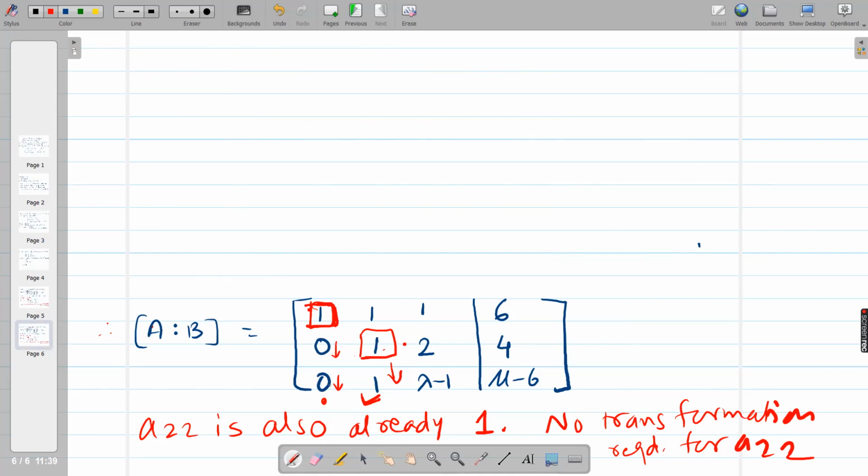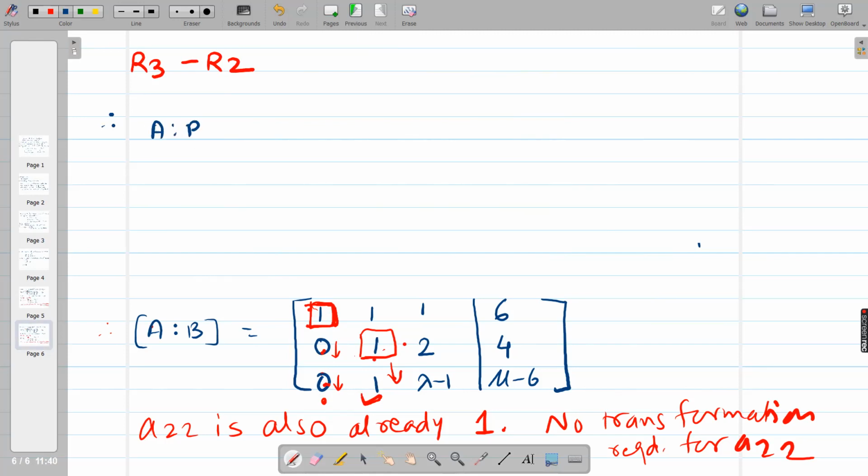This 0 will be changed if I use R1. But if I use R2, because of these two zeros, the first entry in R3 will not be changed. So I am supposed to use second row to convert this number 1 to 0. And therefore my operation should be R3 changes to R3 minus R2.